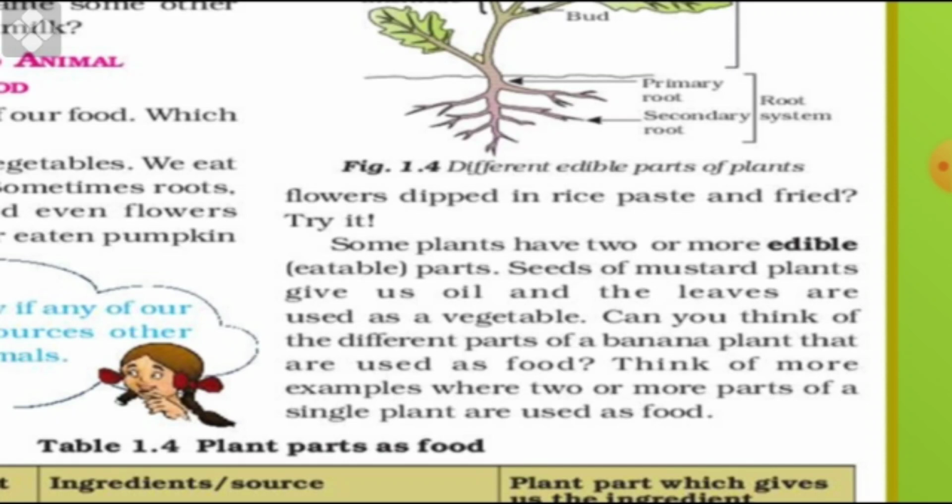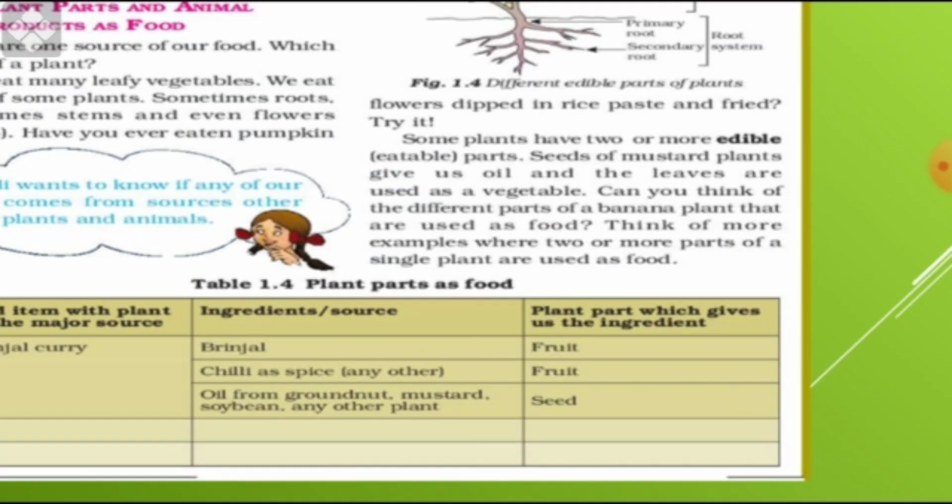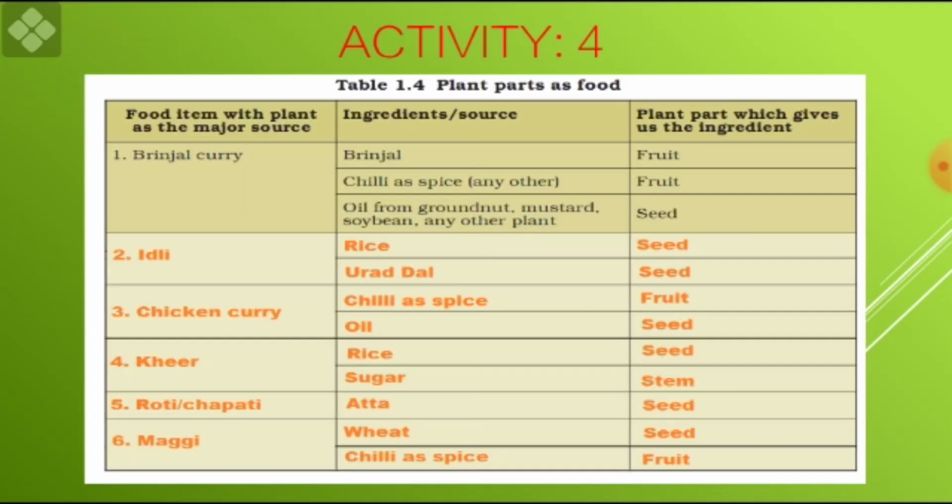Think of more examples where two or more parts of a single plant are used as food. So we have an activity, table 1.4. Plant parts as food. The food item with a plant as the major source.